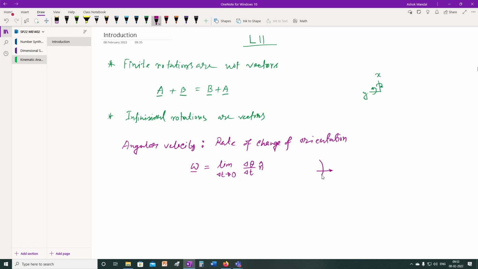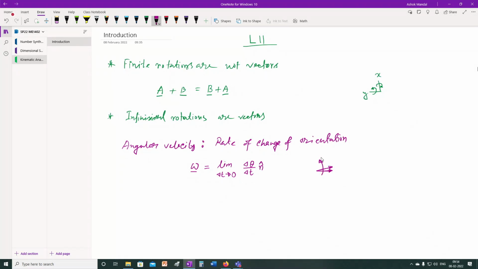Now, this is a vector. Suppose that vector is making a rotation in this direction. Then what is the direction of angular velocity? Can somebody tell me? Suppose initially the vector is here, and finally the vector is here.